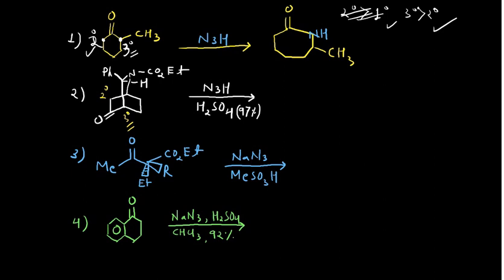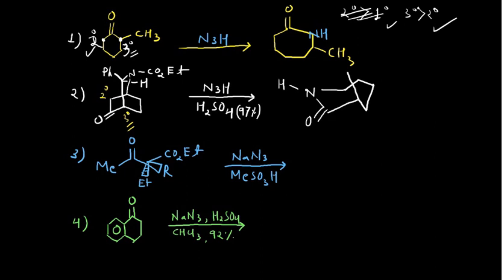Let's check how we can draw this. Say this is nitrogen, this is hydrogen. This I have inserted. This is my carbonyl group, and this I can write in that manner.